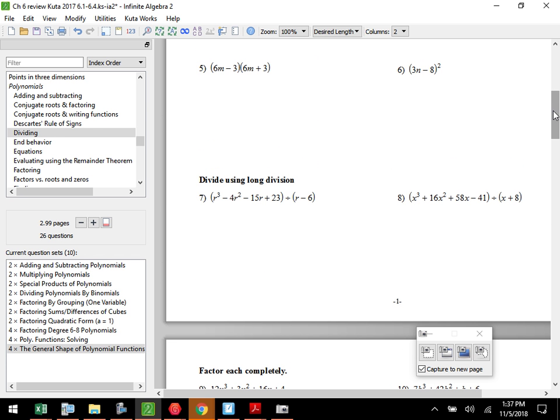Now, with the 2 that were on here via the long division, neither one of them needed a placeholder. So those should have been fairly decent, I hope.